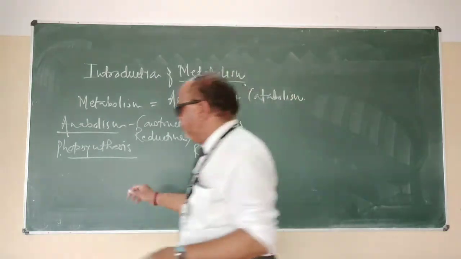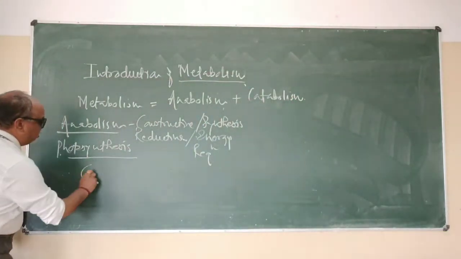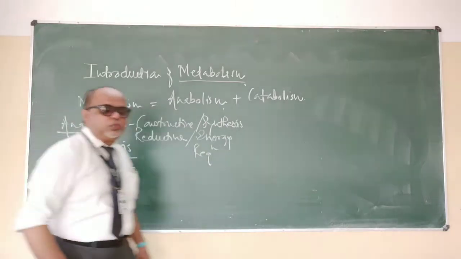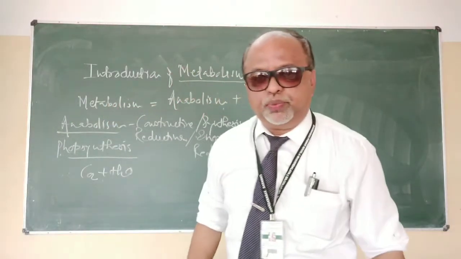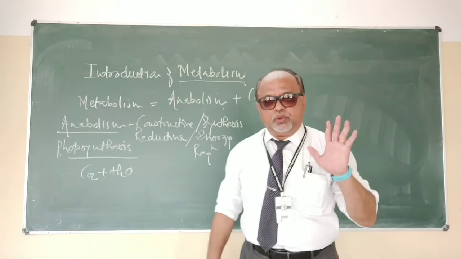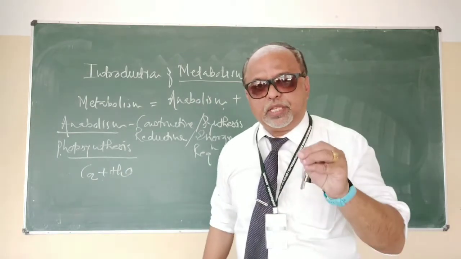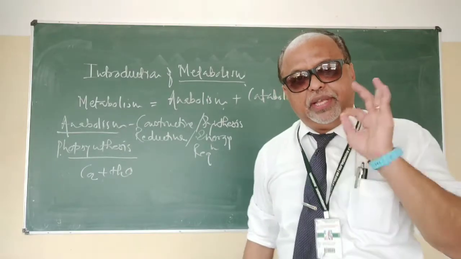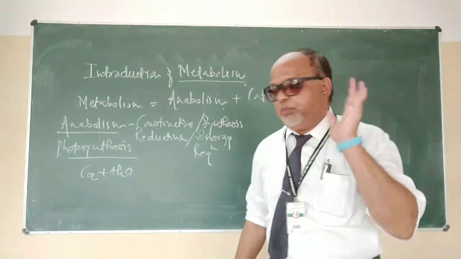For example, carbon dioxide and water, two simpler compounds, are used, and complex molecules are synthesized from the simpler ones. This is the basic definition of anabolism.